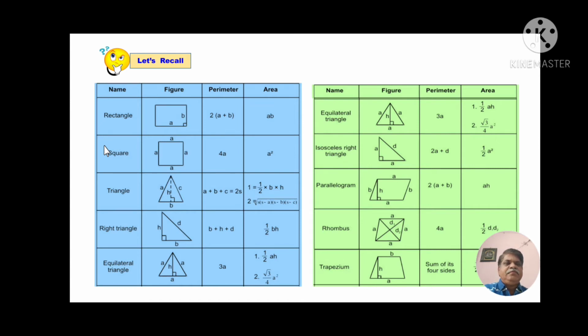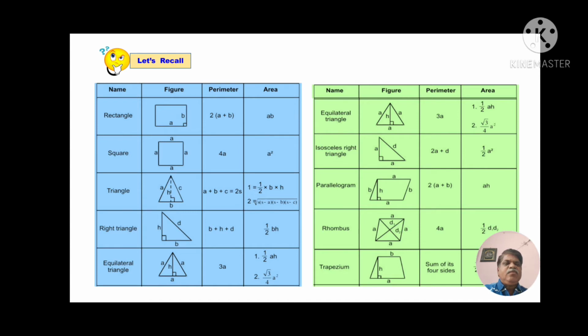Parallelogram, the perimeter is 2 into bracket a plus b, opposite sides are congruent and h is the height. At that time area will be a into h. Rhombus having all sides equal and the diagonals d1 and d2. At that time its perimeter is 4a whereas area is half into d1 into d2.